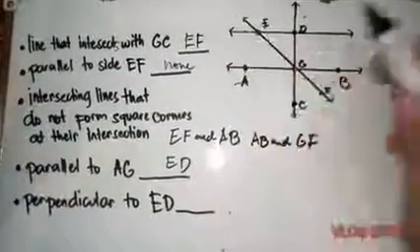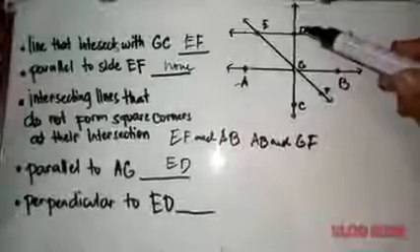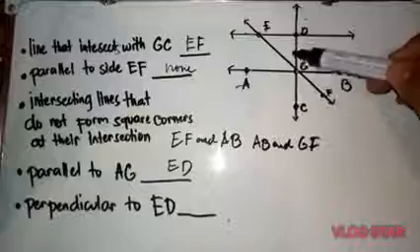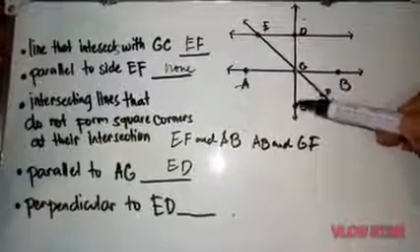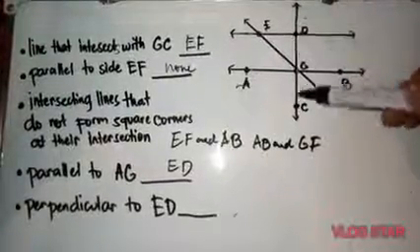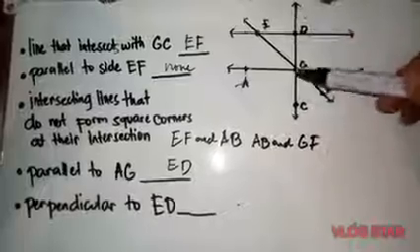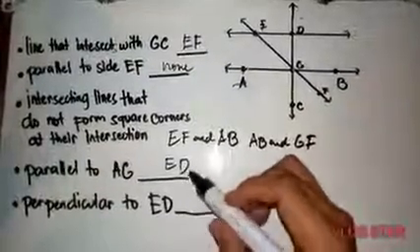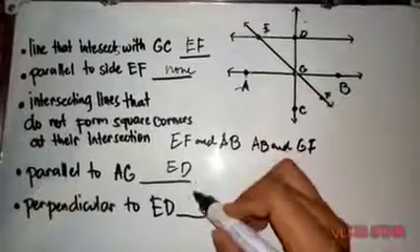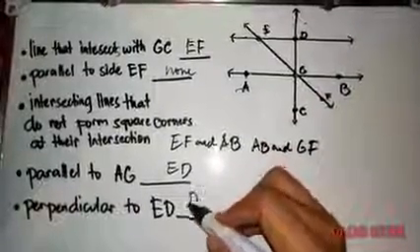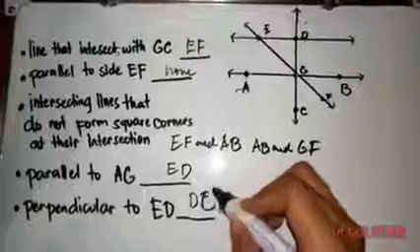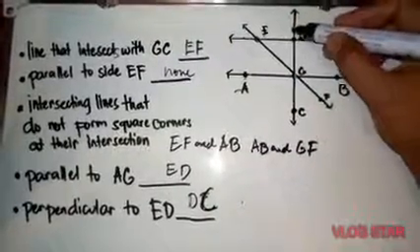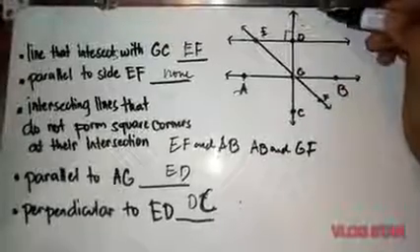If this is ED, then it is perpendicular to line DC or DG. It's up to you. So it is perpendicular to line DC. These two lines can form a square corner here.